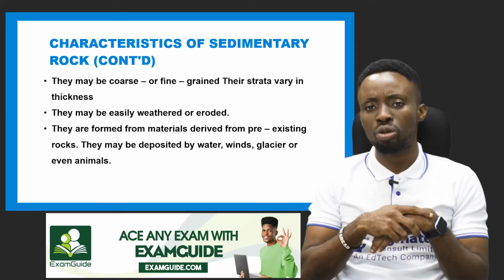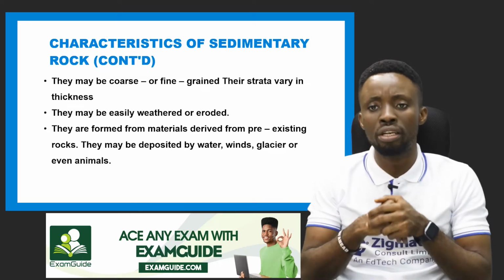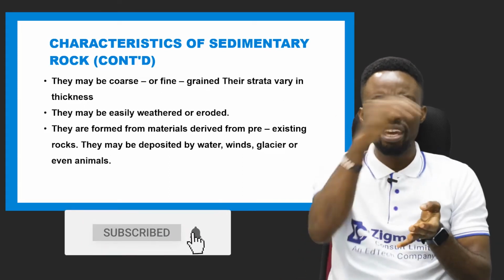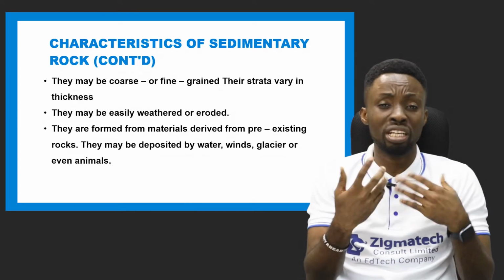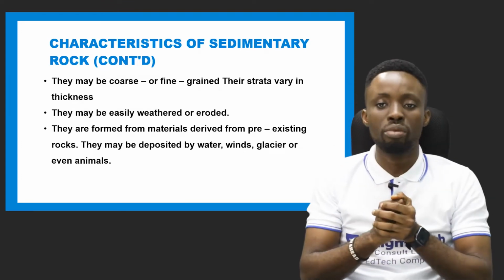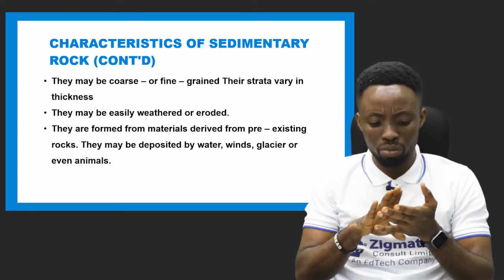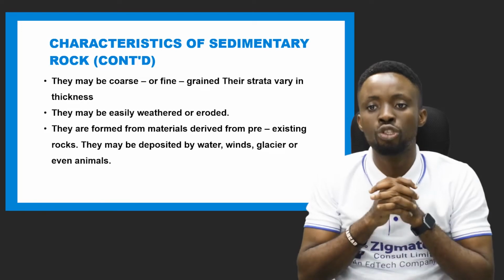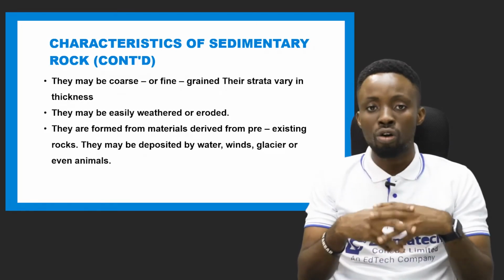And during erosion, these sedimentary rocks can be weathered off, or eroded off. And they are formed from a pre-existing type of rock. This pre-existing rock can be an igneous rock or a sedimentary type of rock. And when the pre-existing rock is broken down, it is carried away through erosion and deposited either by wind, by water, or by ice.